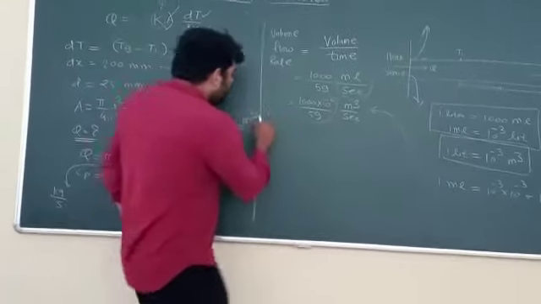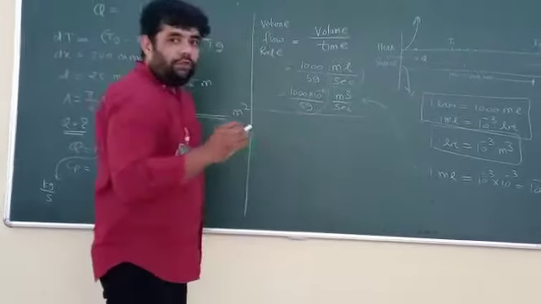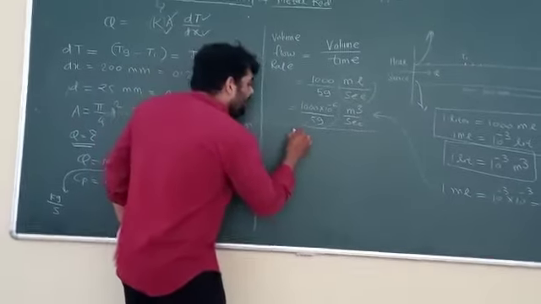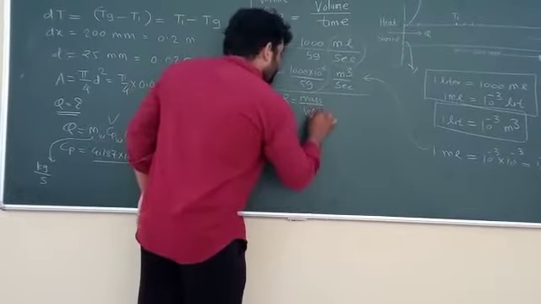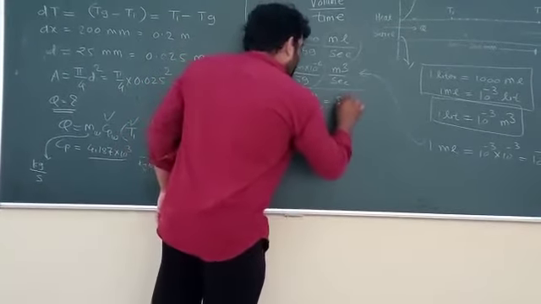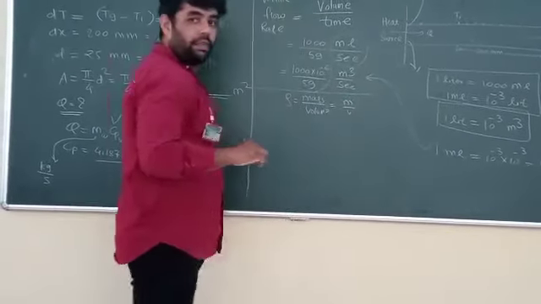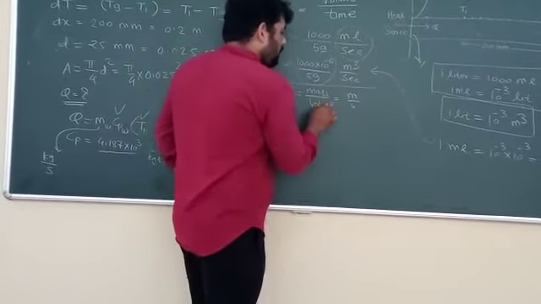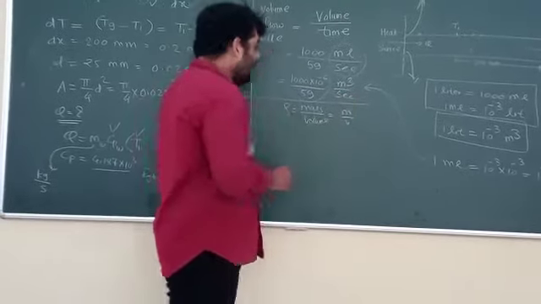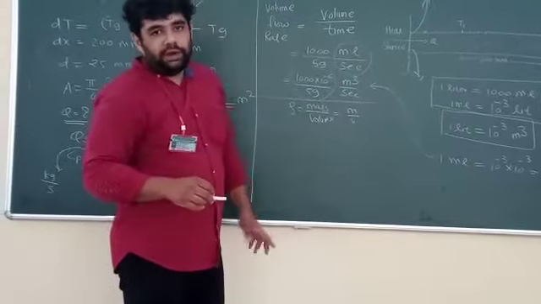For that, we have to take the help of fluid mechanics. All of you know the term density. Density is equal to what? Mass upon volume, that is m by v. This particular mass upon volume we can rewrite as mass flow rate upon volume flow rate as a density.